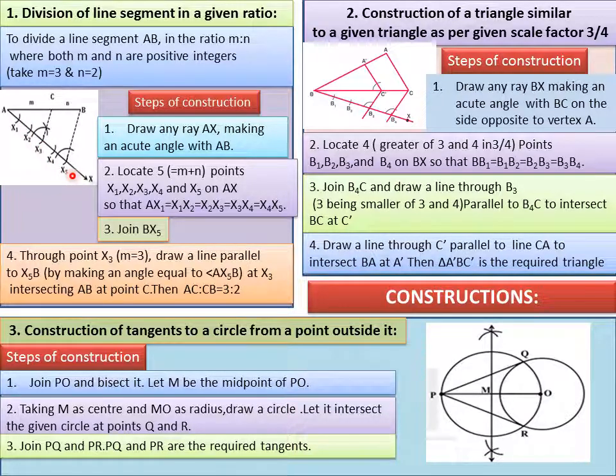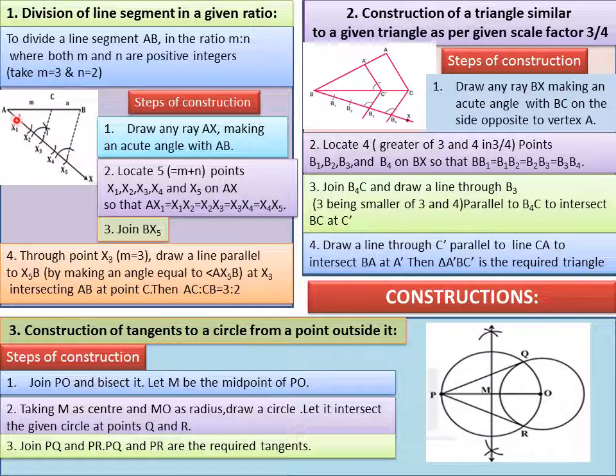5 points on this. To do this, what you should do is use a compass. Draw with some distance, maybe 1 centimeter, an arc at x1, and similarly using the same measurement, draw x2 from x1, from x2 draw x3, similarly x3 to x4 and x4 to x5.